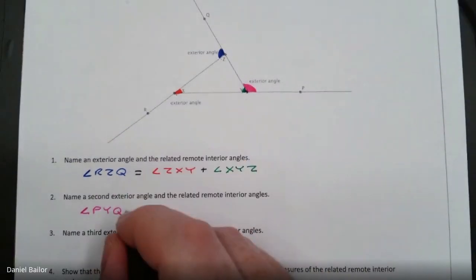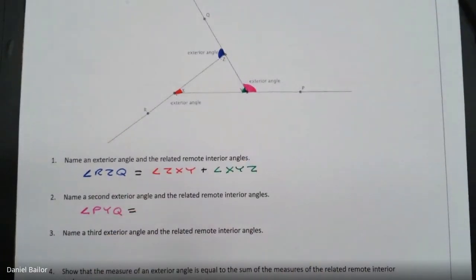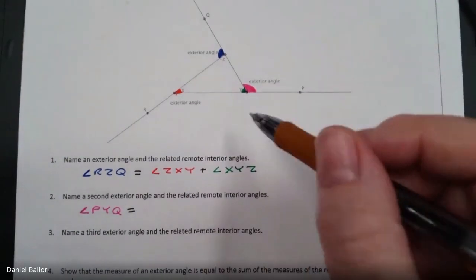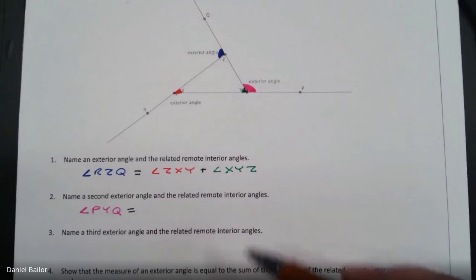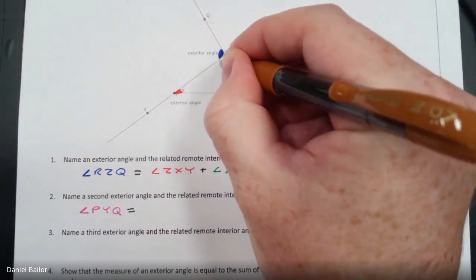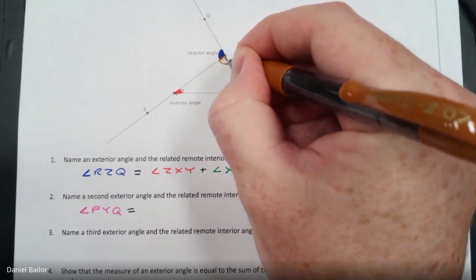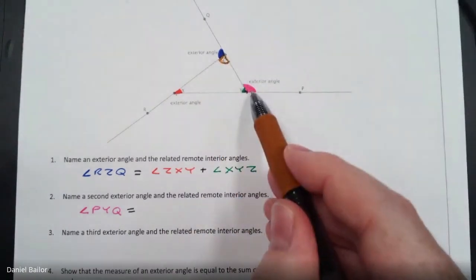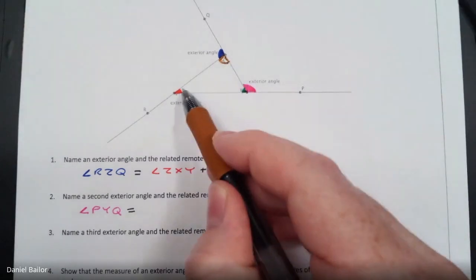PYQ. That's how we make that angle. So which two interior angles does PYQ equal? Well, remember, it's the two remote interior angles, so it's the two farthest away. So here I need another color, brown. So PYQ, the pink one, is going to be the brown and the red.